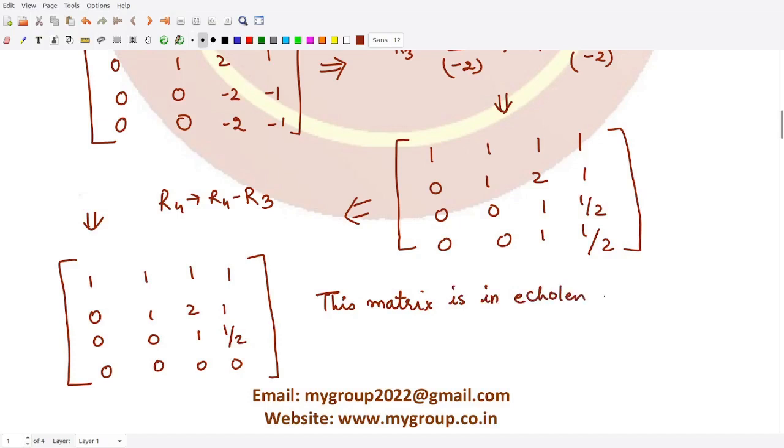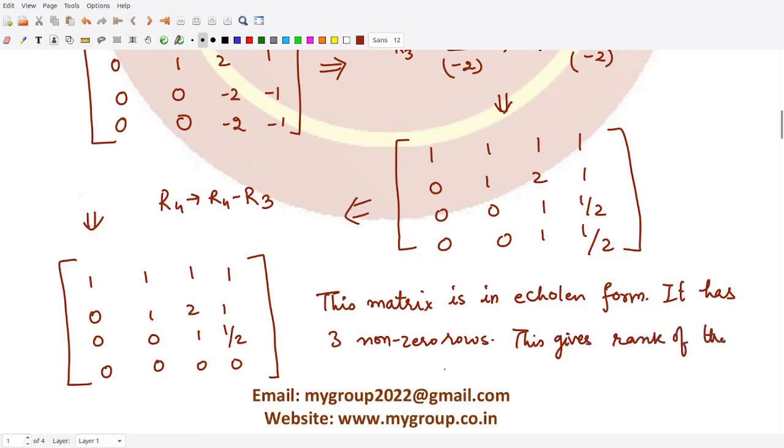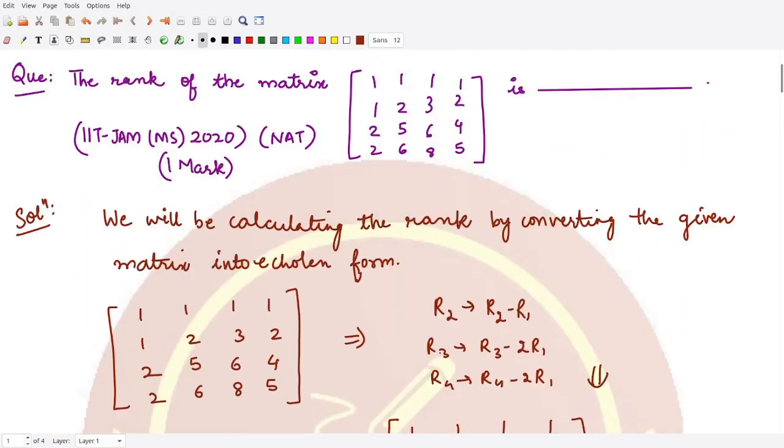And how many non-zero rows does it have? It has 3 non-zero rows. This gives the rank of the matrix equal to 3. So 3 is the correct option here.